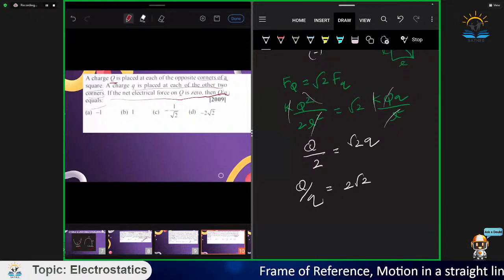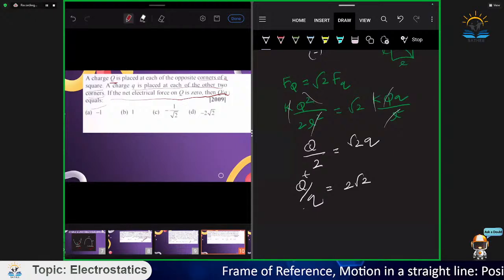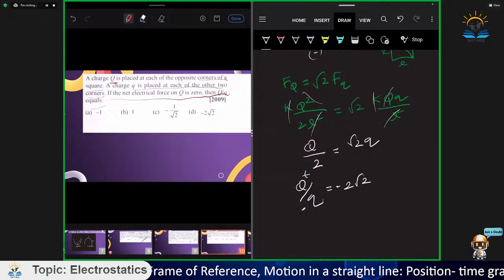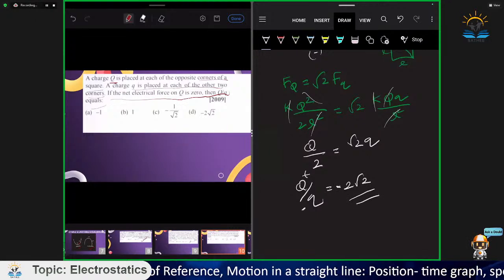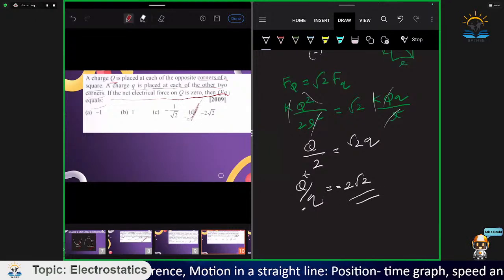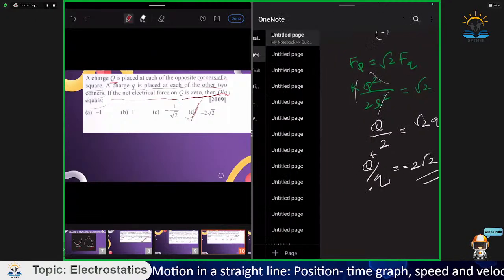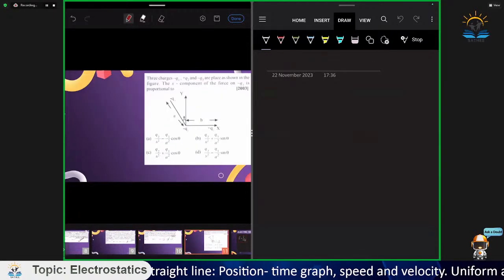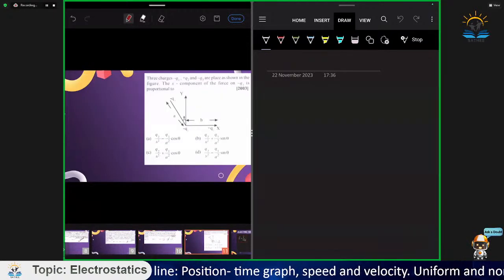Yeah, minus 2 root 2, because Q is positive and this small q is negative. So minus 2 root 2. So option D is the correct answer. Okay, easy.